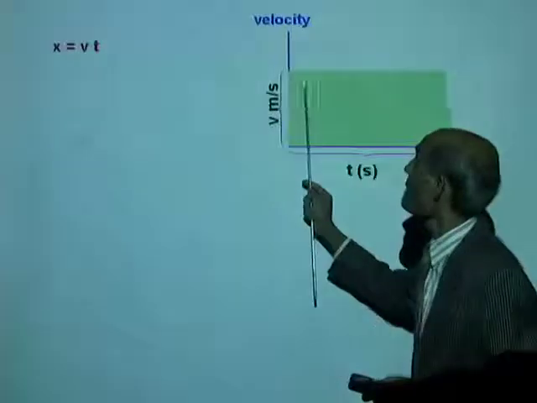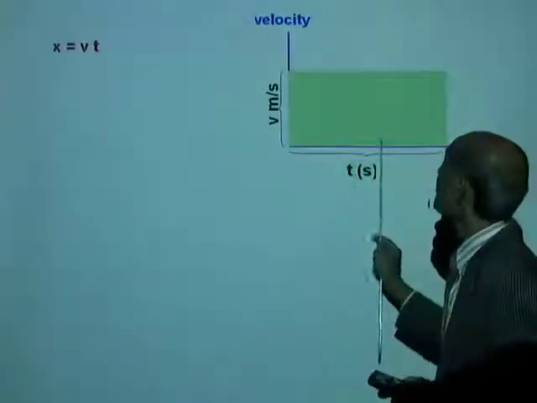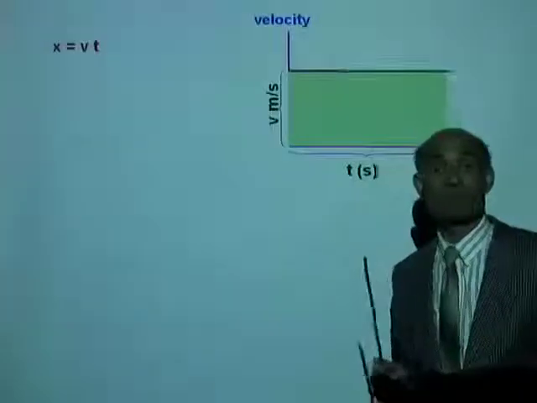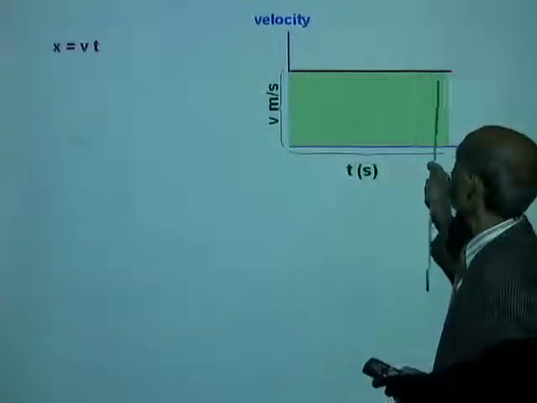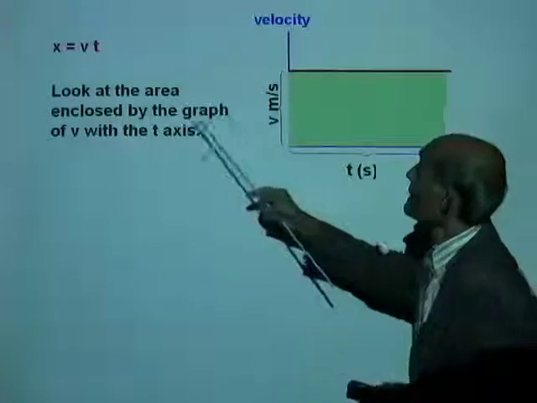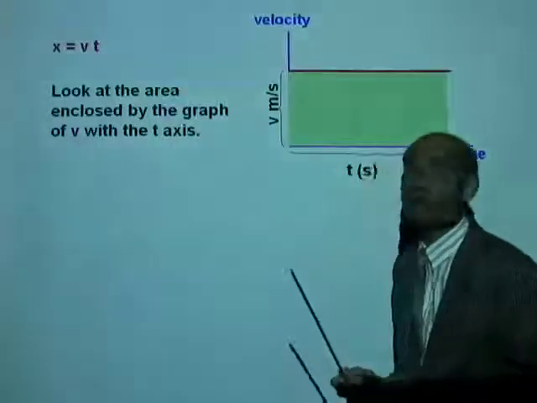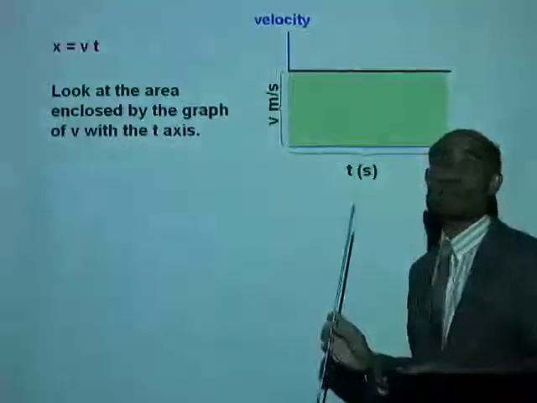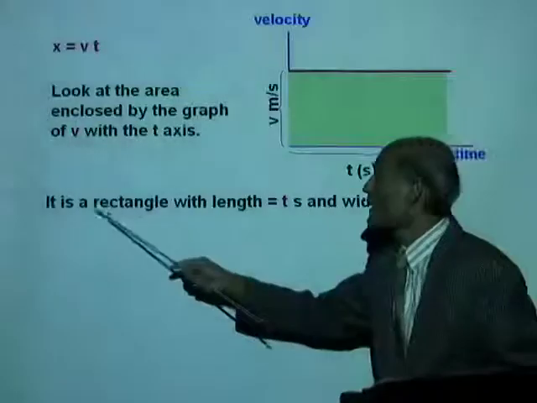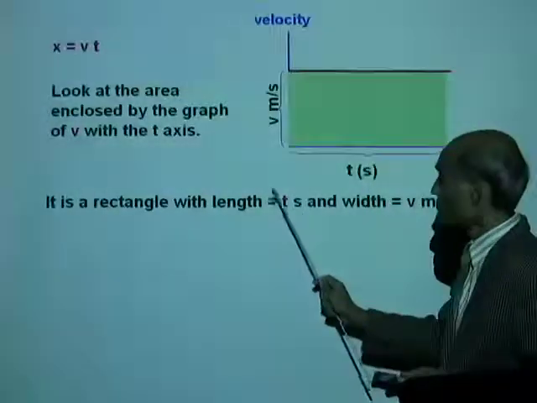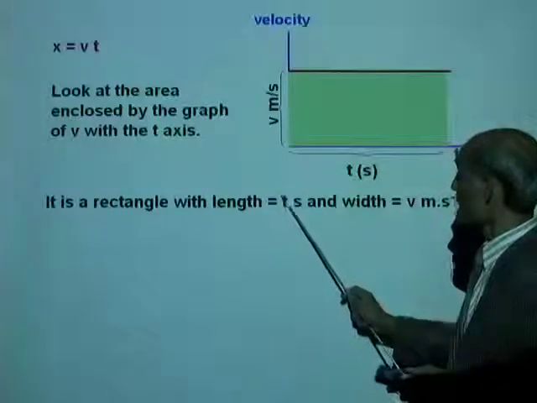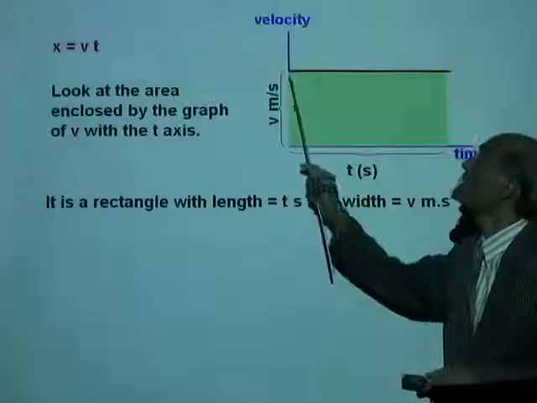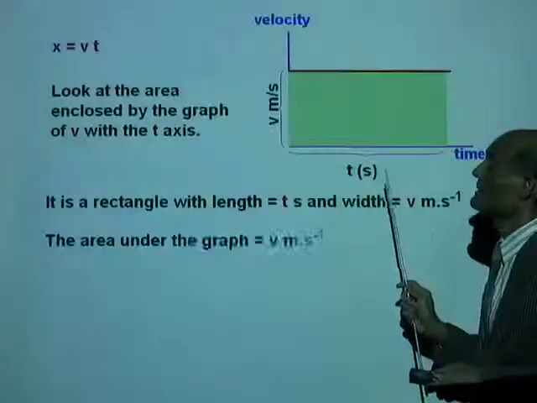V multiplied by t gives you the area of the velocity time graph. So if this is the velocity time graph, the area enclosed by the graph of v with the t axis is a rectangle whose length is t seconds and whose width is v meters per second.